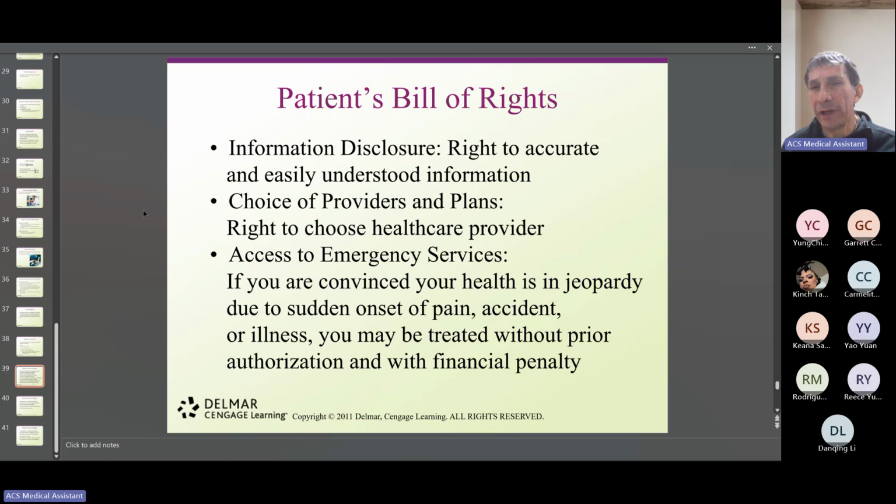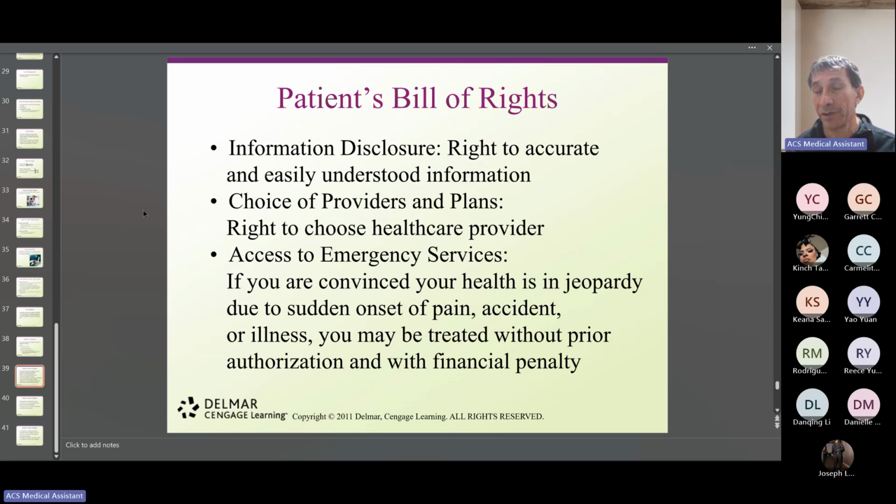So, choice of providers and plans. The patient has the right to choose whoever they decide they want to receive services from. You're going to choose which hospital you're going to go to, which medical providers from these hospitals or specialties, or an independent medical provider you want to see. Remember, that's your choice. Sometimes these managed care organizations assign you someone, but they assign you someone when you do not select that person.